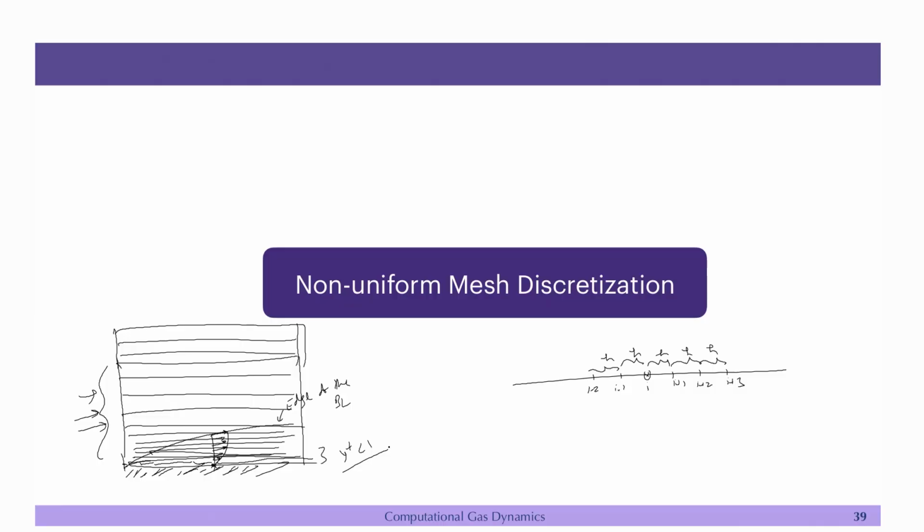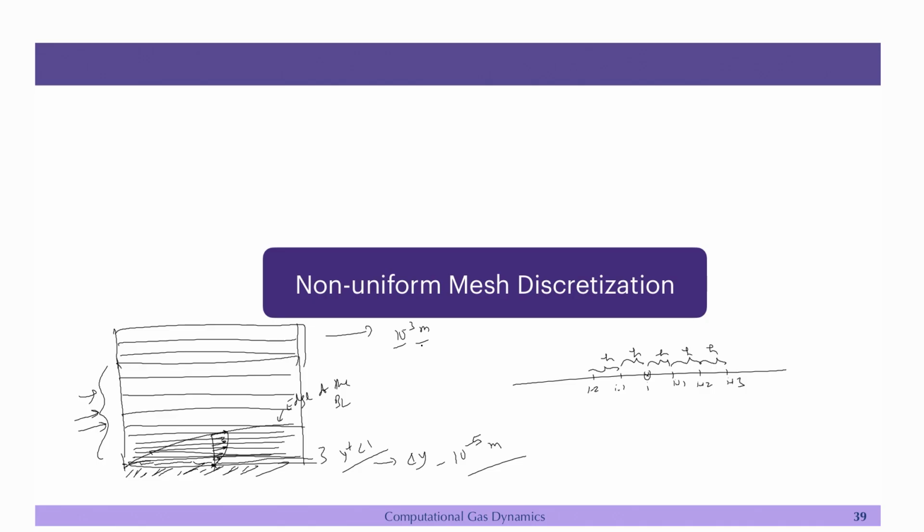If you do not use a non-uniform mesh, whatever grid size you are using at the bottom, let us say the first point next to the wall, you will have to use the same delta h, delta y or h everywhere. So, the number of grid points will increase a lot, right, because typically that delta y is a very small number. In fact, in this kind of solution, depending on the length scale and of course the velocity, delta y may be of the order of 10 power minus 5 or minus 6 meter, and here you can go to let us say 10 power minus 3 or 10 power minus 2 meter away from the wall, right.